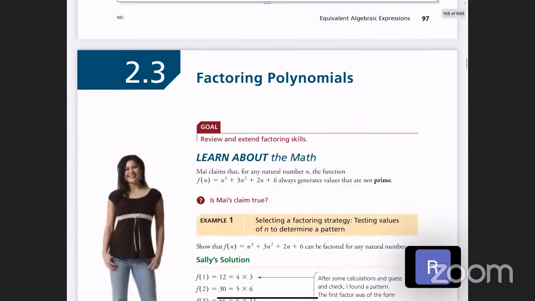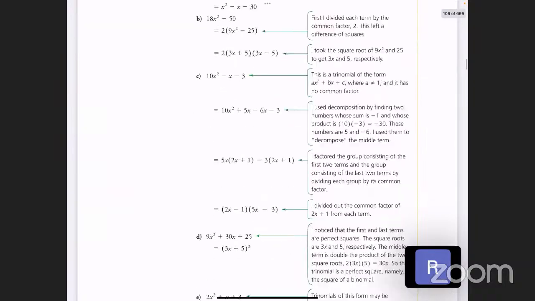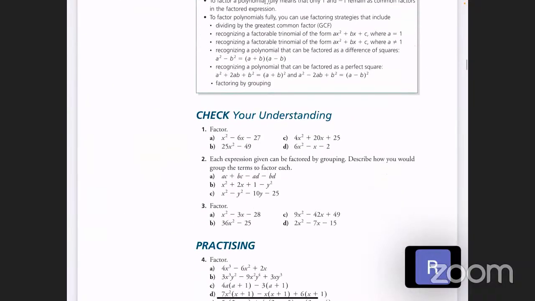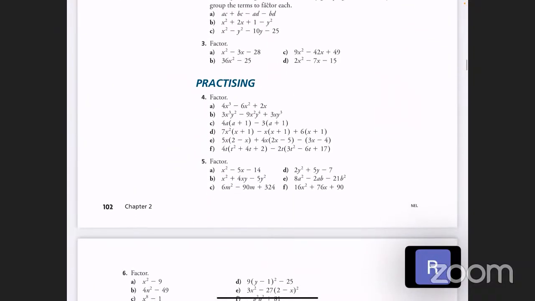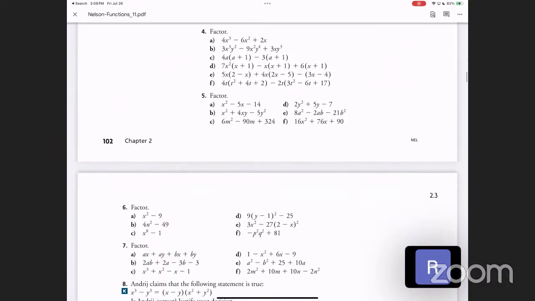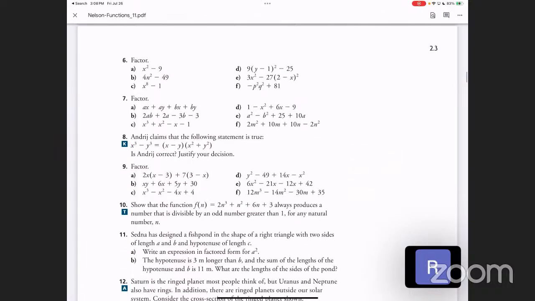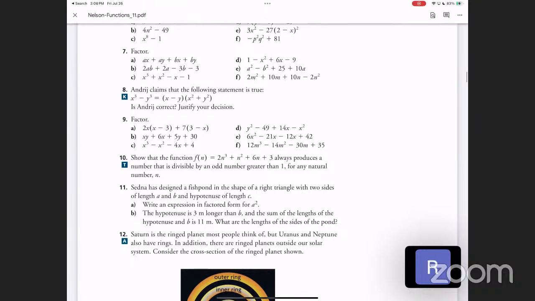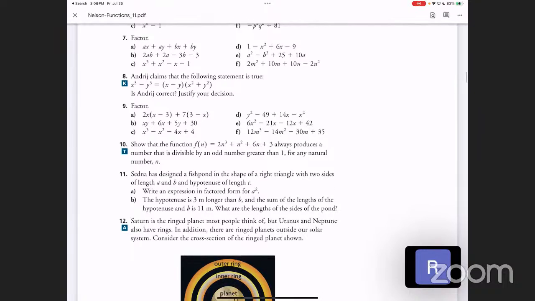So, factoring polynomials. There are a lot of interesting questions there, and you should have a question. On the textbook questions, you don't have any problem, sir?